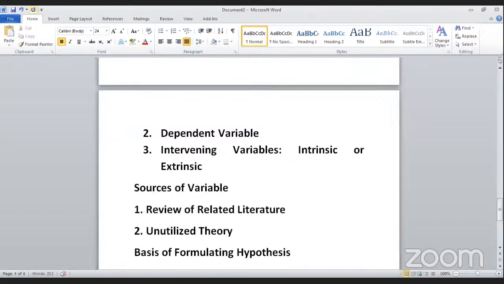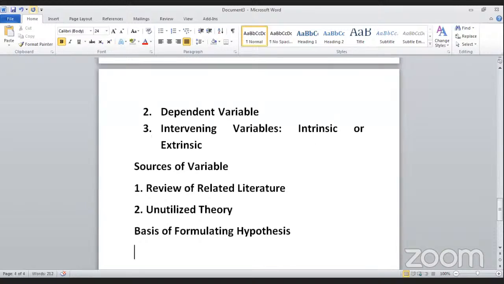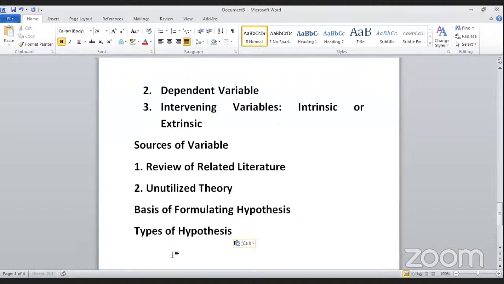And before I come to the basis of formulating the hypothesis, I would like you to understand two things. Number one is the types of hypothesis.